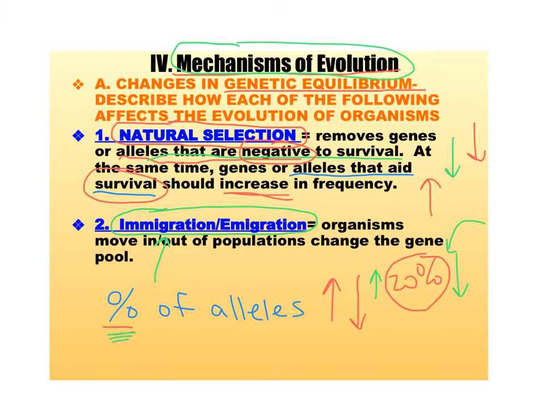So that would cause our frequency of blue eyes to go up in our classroom because of immigration. And the same thing could happen through emigration. Once those people from Sweden go back to Sweden, now our frequency of the blue-eyed allele will go back down. So immigration and emigration can cause allele frequencies to go both up and down.